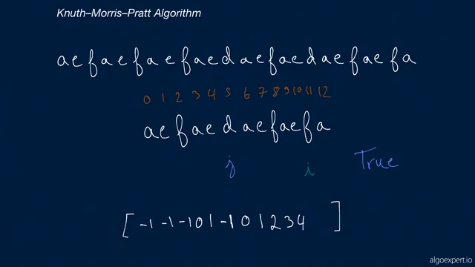So what we're going to do is look at the letter immediately before our current J letter, so this E. I'll write maybe in brown a J here to say, look at the letter right before the one that didn't match.